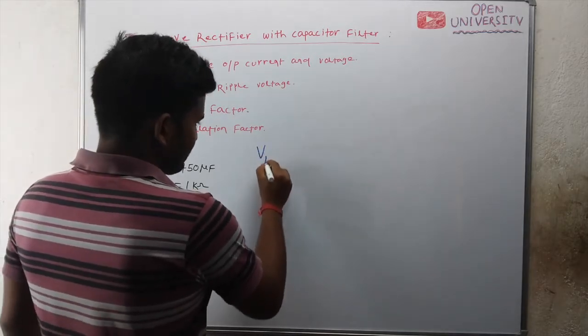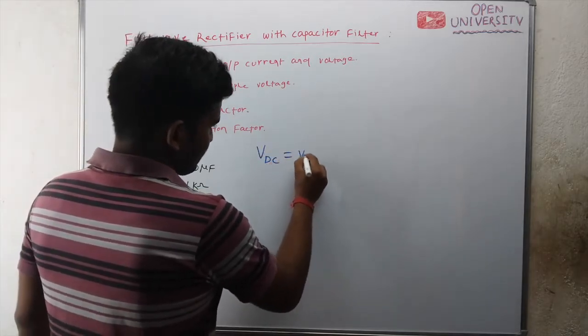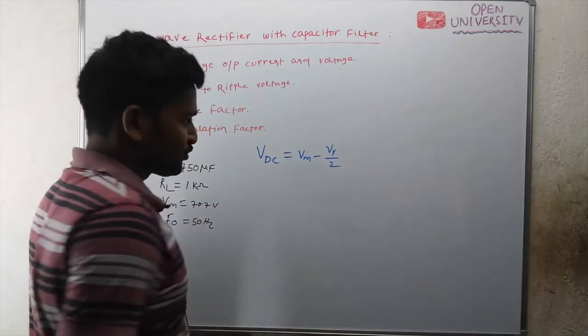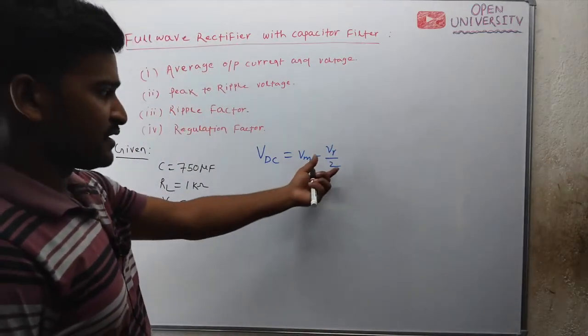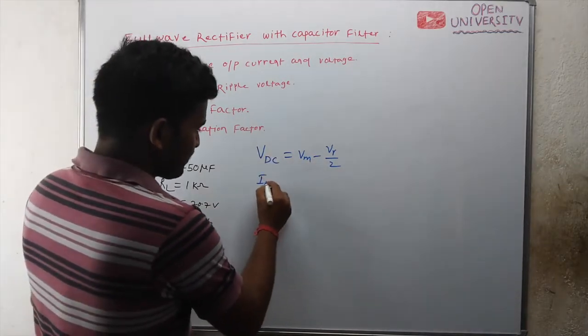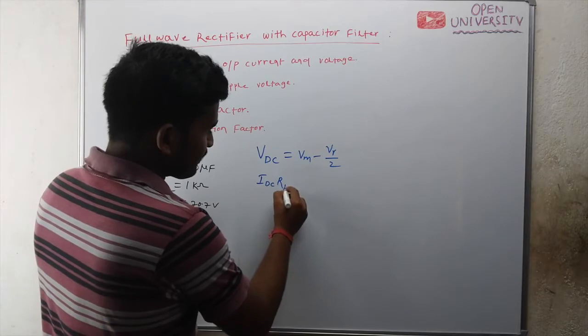The VDC value equals Vm minus Vr by 2. This is what we know. The DC output voltage is Vm minus Vr by 2. VDC is IDC into RL.